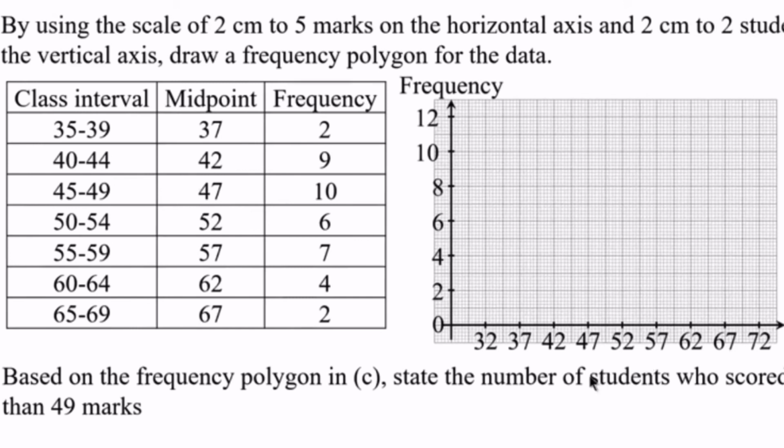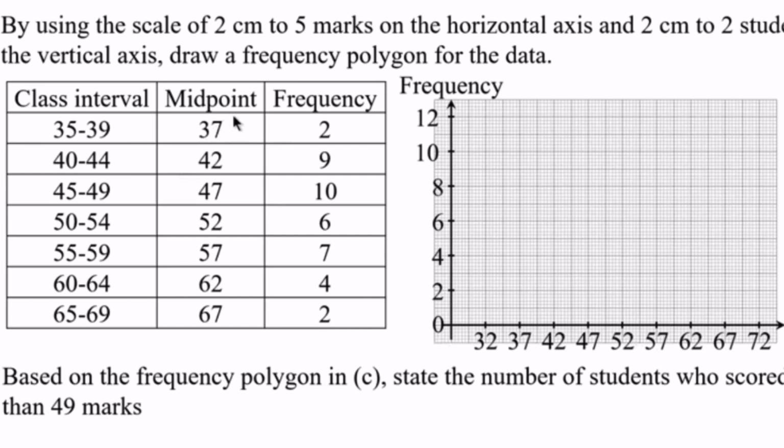So now we are going to plot one by one. For the y-axis, we can start with 0, 2, 4, 6, 8, and 10. But for the horizontal axis, you look at the scale given, 2 centimeters to 5 marks. So we are going to start with 37 as the first midpoint.